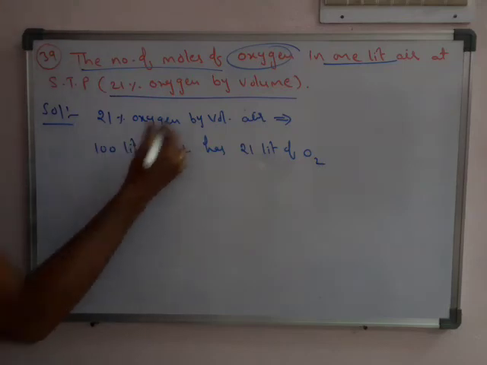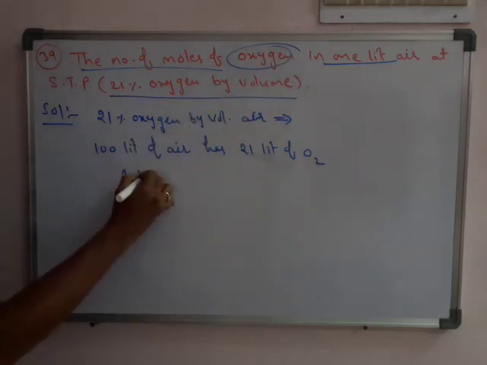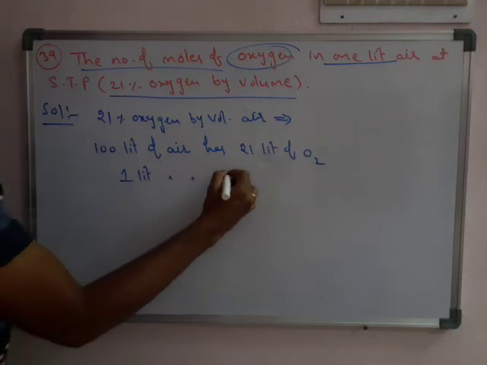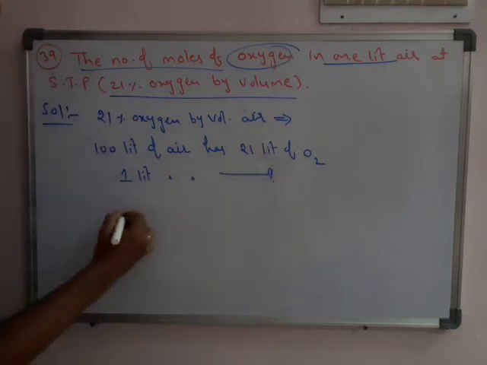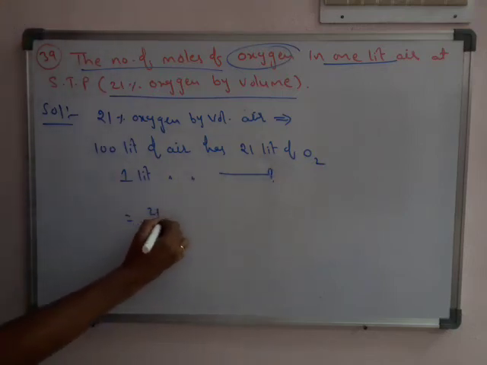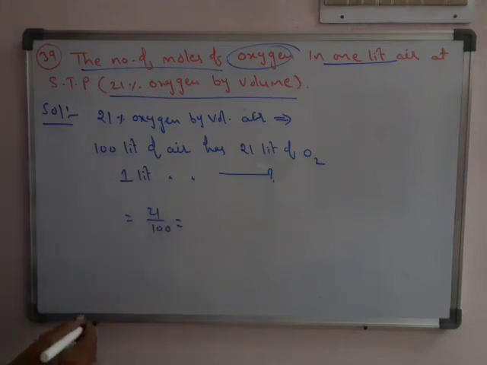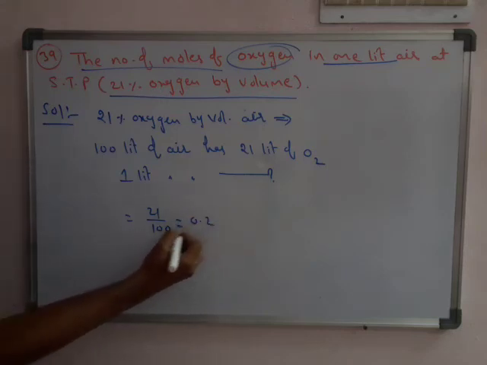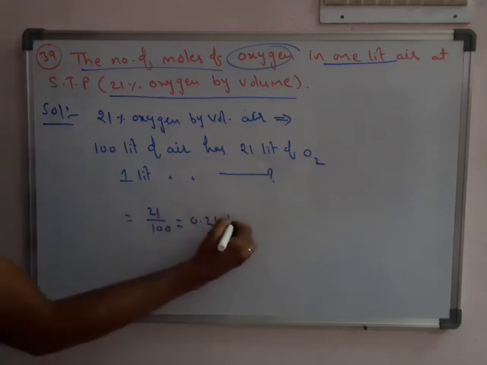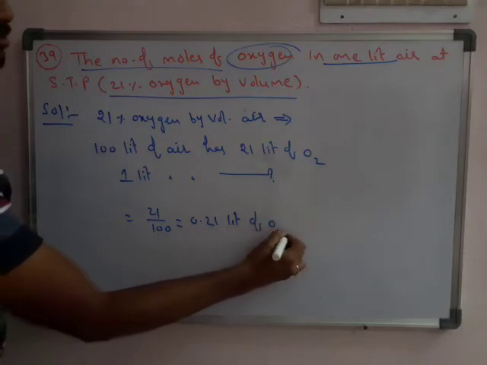Simple, take 1 liter as a sample. 1 liter of air has how much oxygen? It is approximately 1 by 5, 0.2. So you can write 0.21 liters of oxygen.